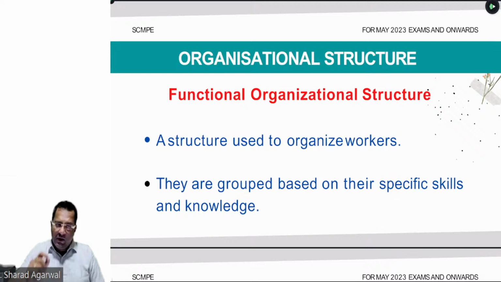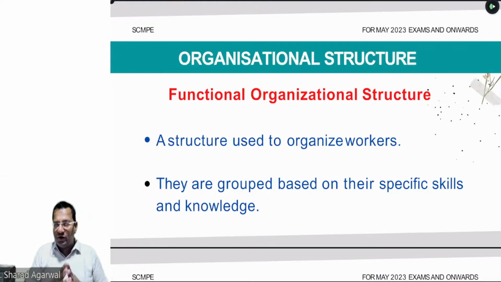But nowadays, the functional organizational structure is popular only and only in small and medium-sized enterprises where there are only a few products. And more or less, in the functional organizational structure there is centralized power, and the decision-making power is centralized.